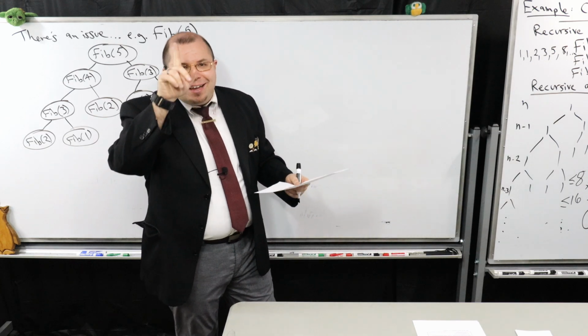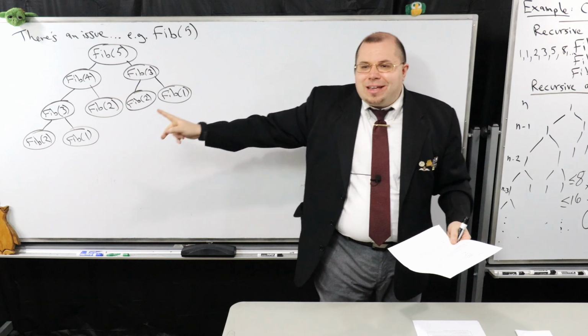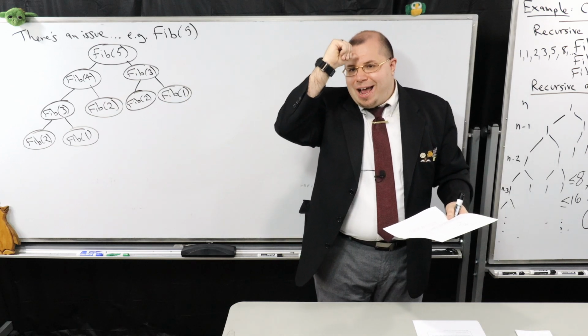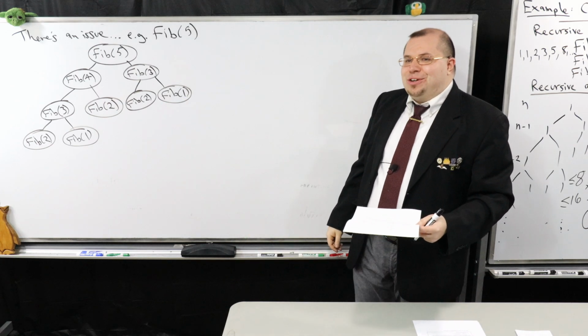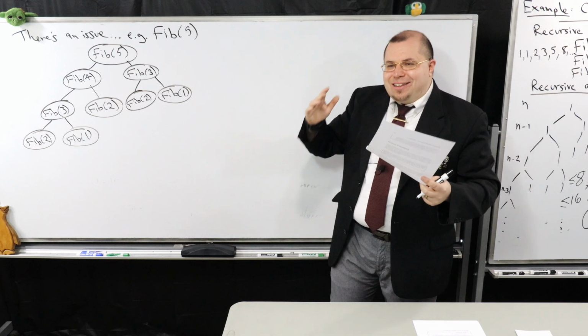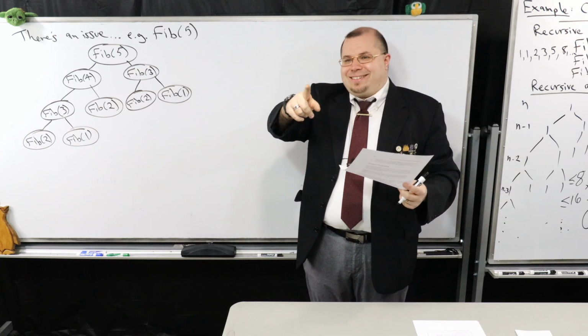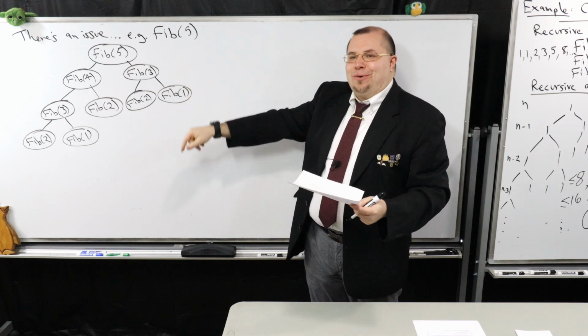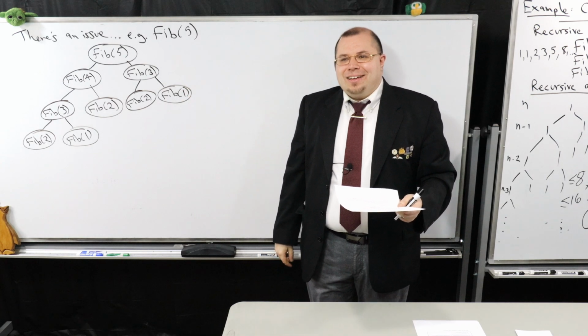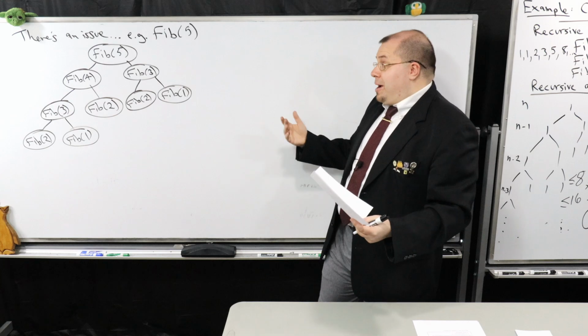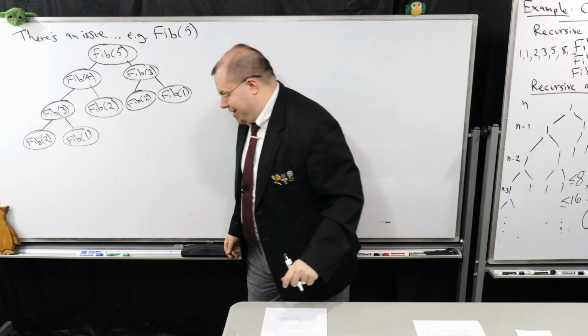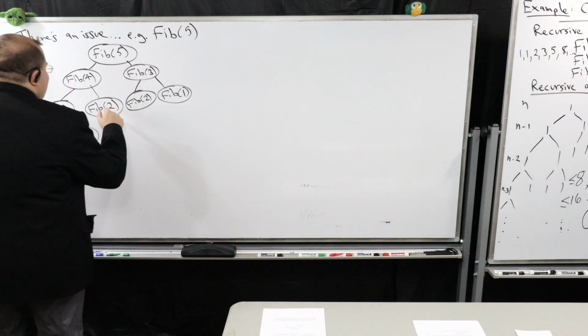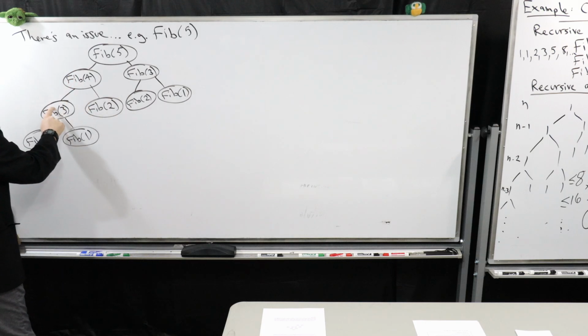Is there anything you see here, if you're thinking and putting on an optimization hat, that I am doing wrong, but Dan is being very silly? Yes, exactly. You see, there's a lot of duplicate work going on in here. There's a lot of work I'm repeatedly doing over and over again, right? Notice that when I compute fib of 4, I do fib of 3 and fib of 2.